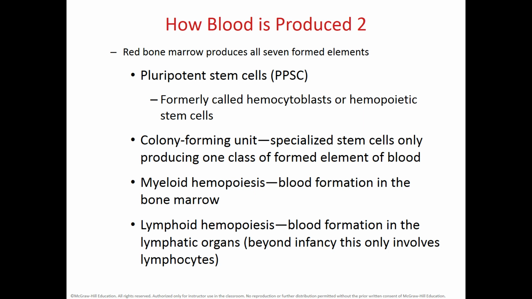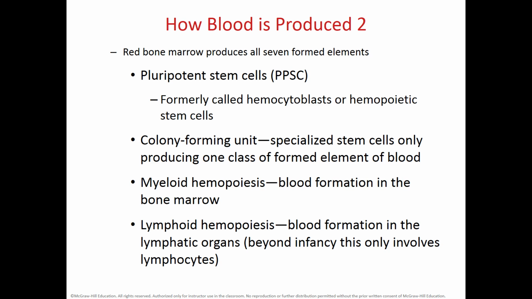So the main producer of form elements in our body as an adult will be the red bone marrow, which is found, of course, within the bones. Within the bone marrow, we have PPSC, or pluripotent stem cells.